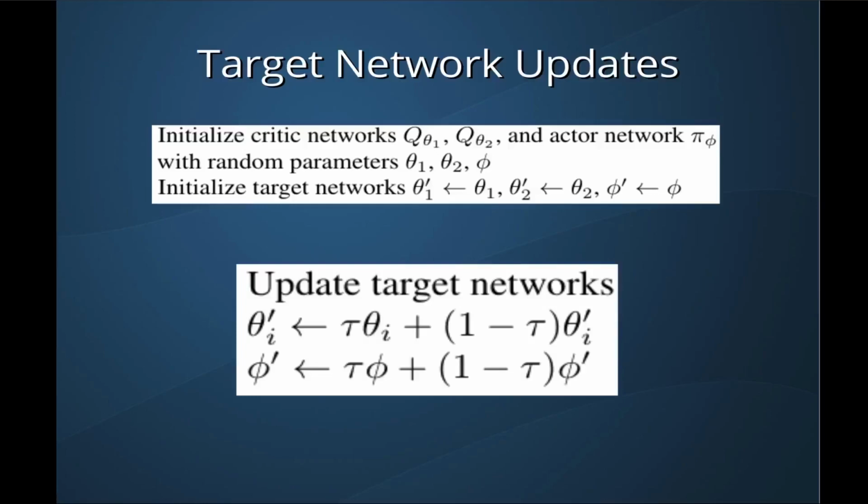And so you're going to multiply tau, some small number, 0.005 in this case, by the values of the current online network, and add in 1 minus tau times the old values of the target network. So it'll be a small number multiplied by the current values of your online networks plus something that's almost 1 multiplied by the old values of your target networks. So it's going to be a slowly changing update to our target networks.